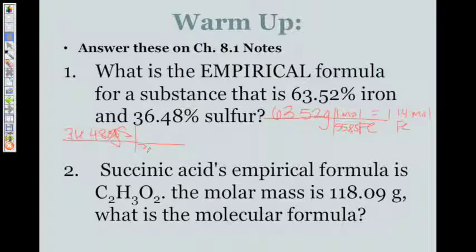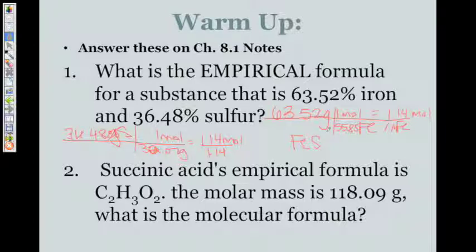For sulfur, it's 32.07 grams per mole. When you do that one, you should get, again, 1.14 moles. So guys, look at it. If I divide by the smallest, this is going to be what kind of ratio? 1 to 1. Your formula is FeS.